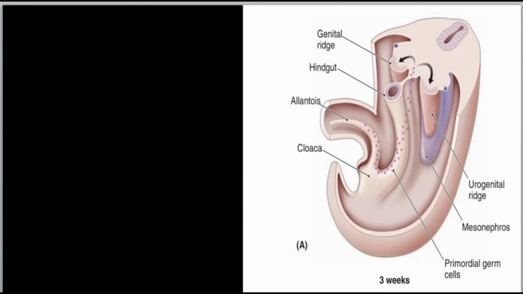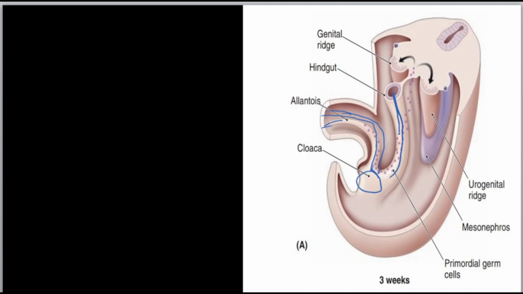This is a developing embryo structure of the third week, and we will see some structures that are important for developing the female reproductive organ. This is the hind gut tube, mainly hind gut. This is the part of cloaca. This is allantois.